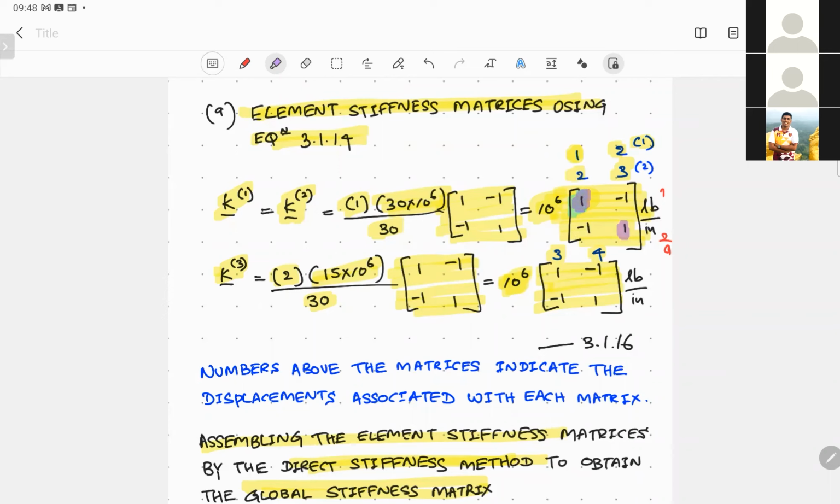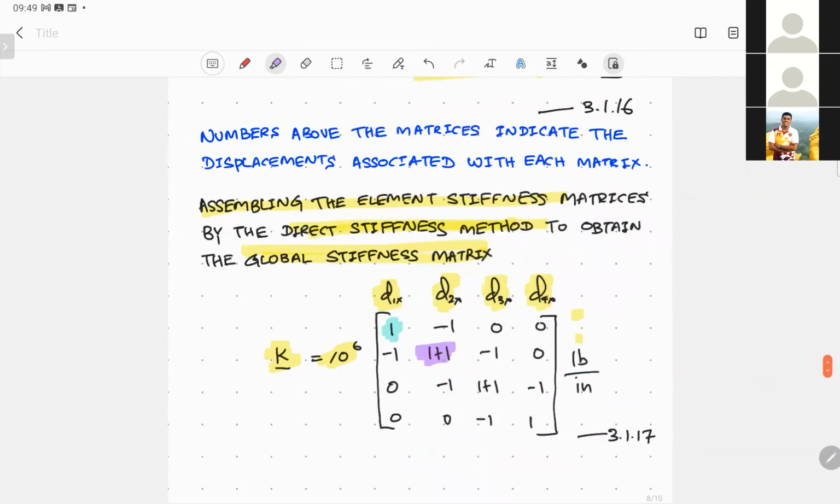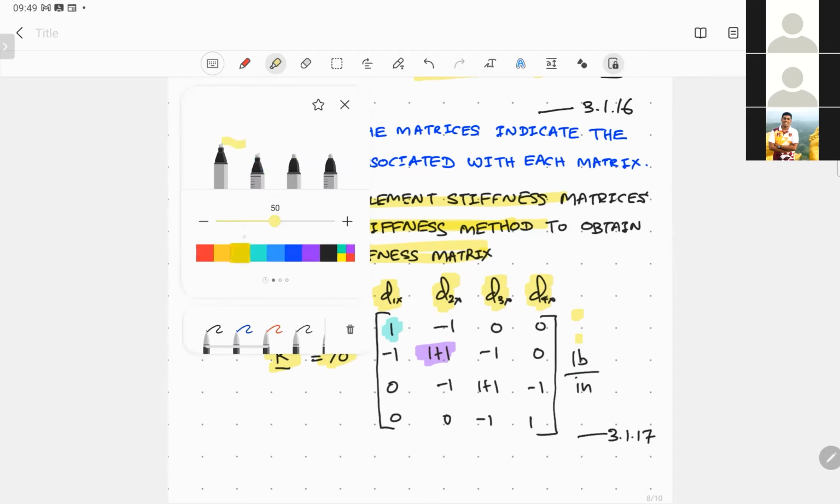So these are the two components for the corresponding elements. We can simply sum them up here at the corresponding location. What we get is 1 plus 1. So I think this method is clear now, and you can further use this to obtain the other elements in this global stiffness matrix equation.